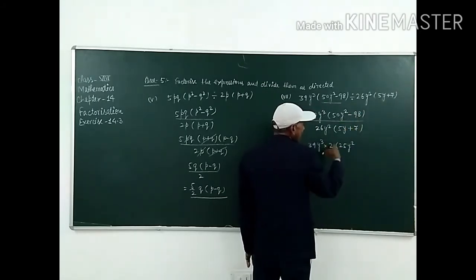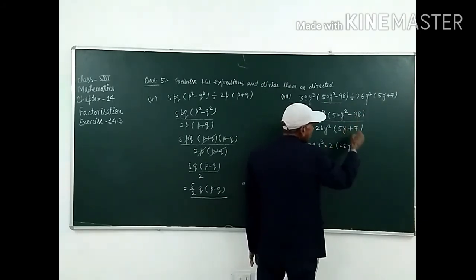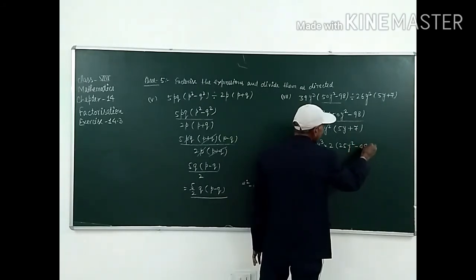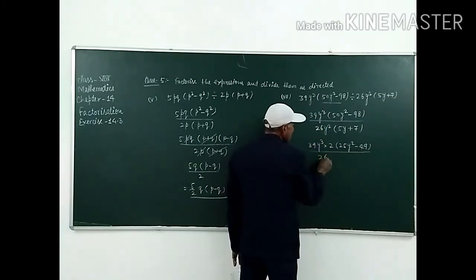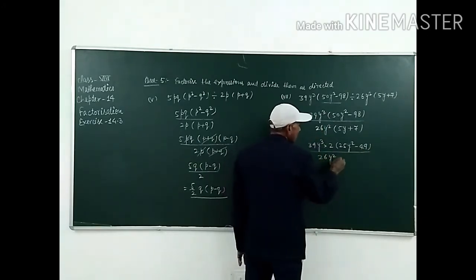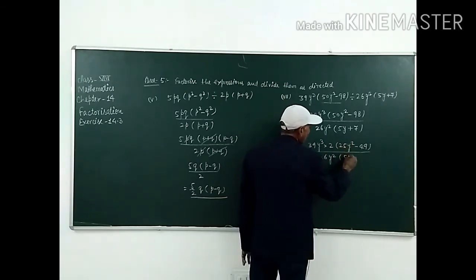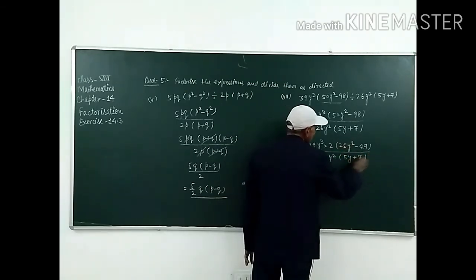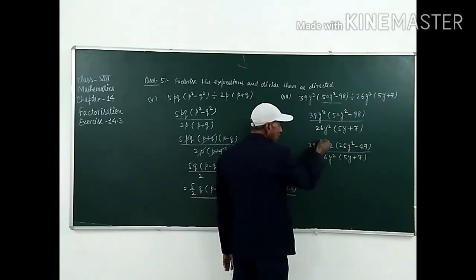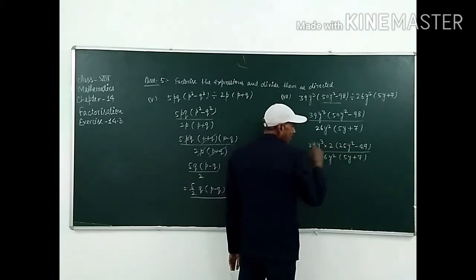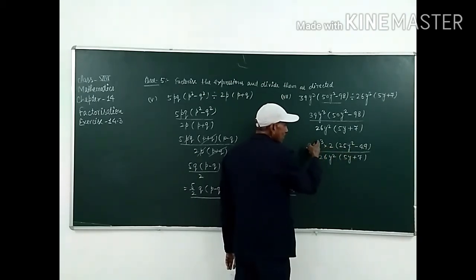After dividing 98 by 2, it will be minus 49, and the denominator will be 26y square into 5y plus 7. Student, we can reduce this y cube and this y square, and there is a sign of multiplication. So we can reduce this y cube by y square, it will be y only, because it is 3 times here and it is 2 times.